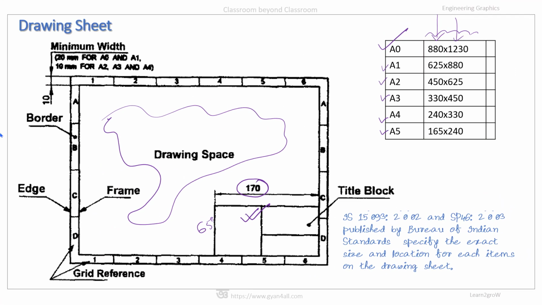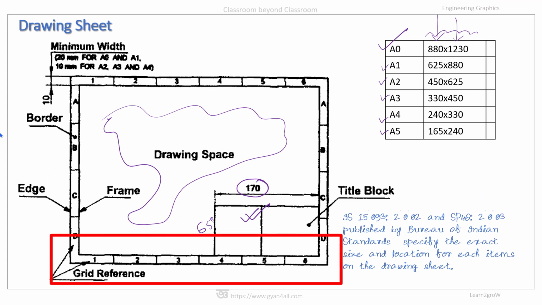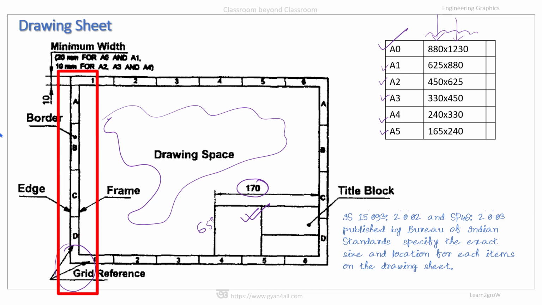And the horizontal part and vertical part of the drawing sheet are given some grid reference. These are 1, 2, 3 horizontally, and vertically it is generally alphabetical A, B, C, D, etc. The title block or nameplate is placed in the bottom right hand corner of the drawing sheet. Okay, this is the bottom right hand corner of the drawing sheet.